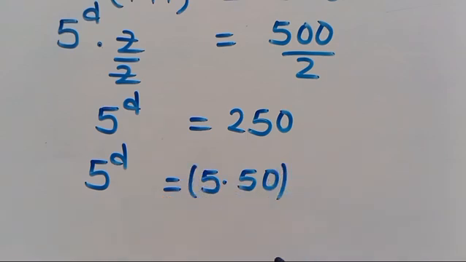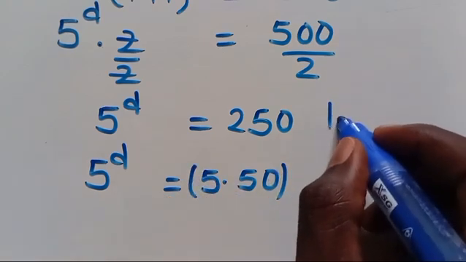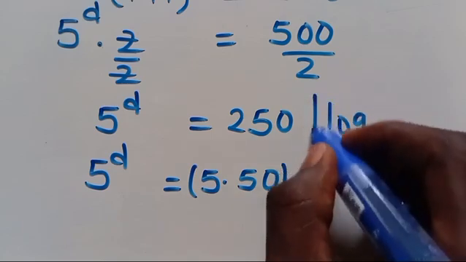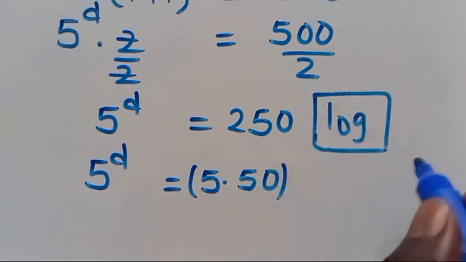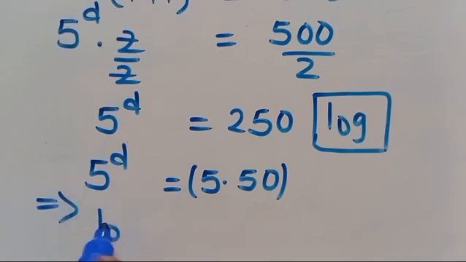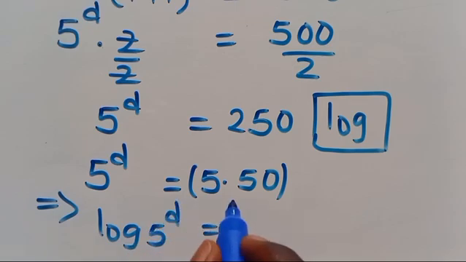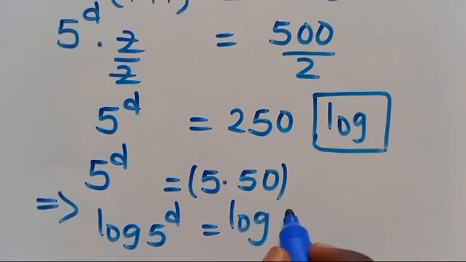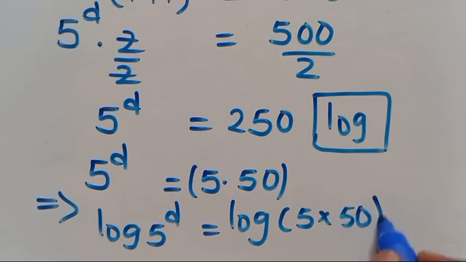Then let's put them in parentheses, then introduce log to both sides of this expression. So this implies we have log 5 to the power of d equals log of 5 times 50.